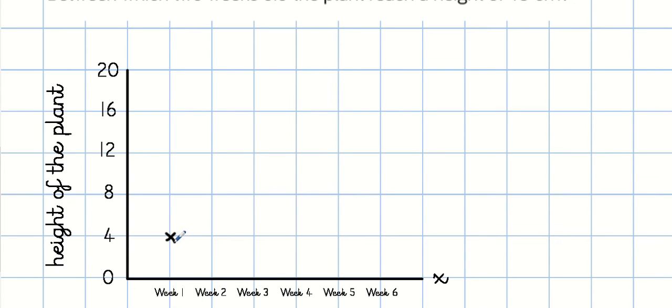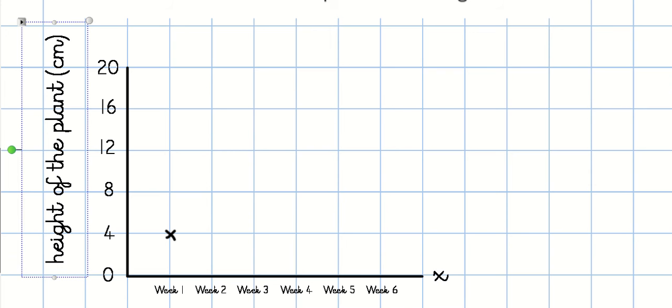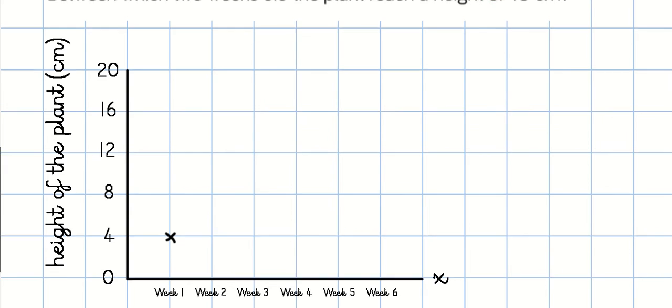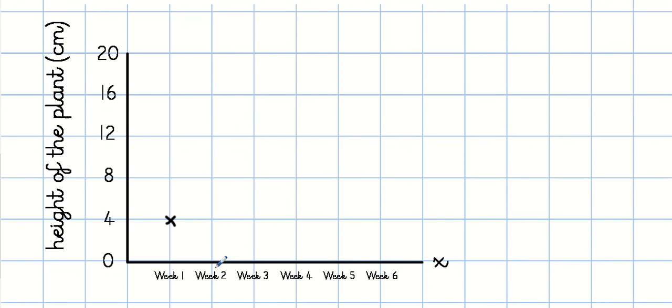Often, if they're giving you a measurement, you might also want to just make sure that people know you are measuring in centimeters. So I've marked 4. In week 2, how high had my plant grown? That's right, it had grown 7 centimeters. So for week 2, I'm going to go up and I'm going to mark out 7 centimeters. And again, that's just going to be below my 8, isn't it?